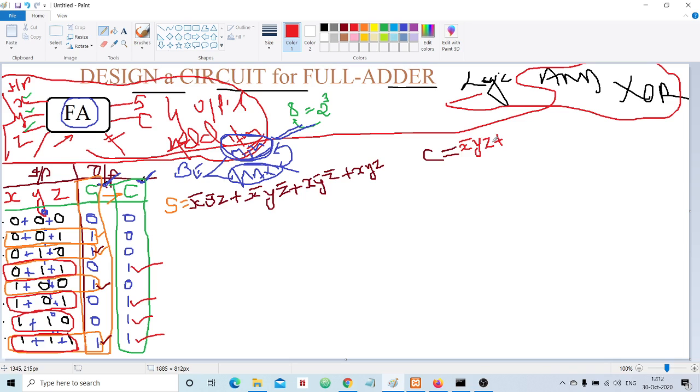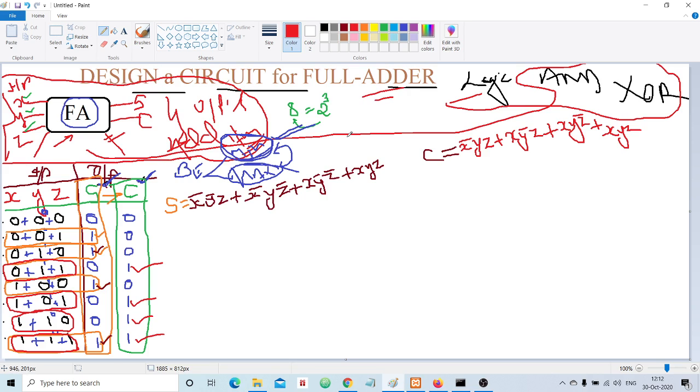Plus, second combination, x is 1, y is 0, that's why y bar, then z is 1, plus, next combination, x and y are 1, hence x and y, z is 0, z bar, plus, the last case is all are 1, so it should be x, y, z. So how many terms will be there in this expression? 4 only. Clear?